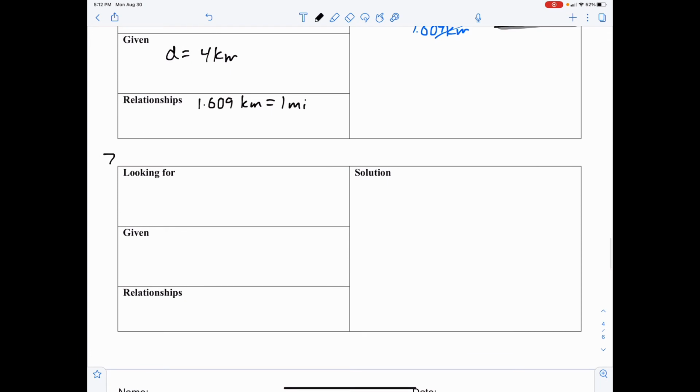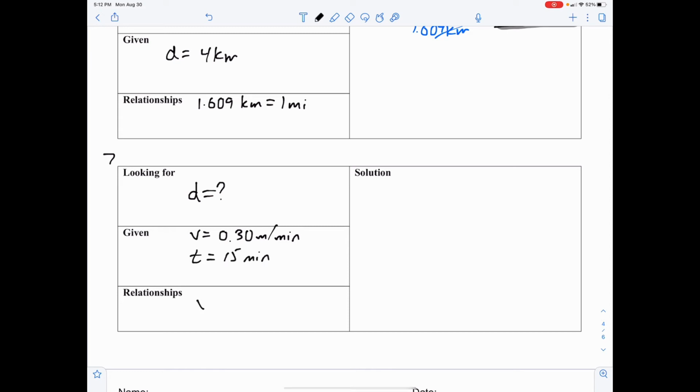We go to the 7th problem-solving box. We're looking for distance. The speed was 0.30 meters per minute. The time was 15 minutes.